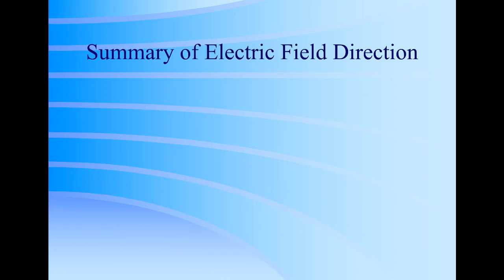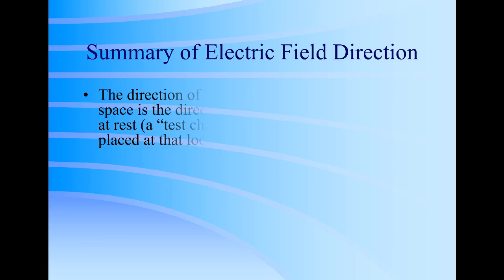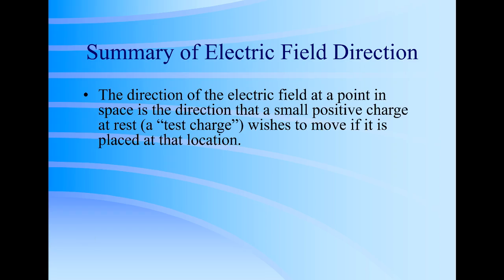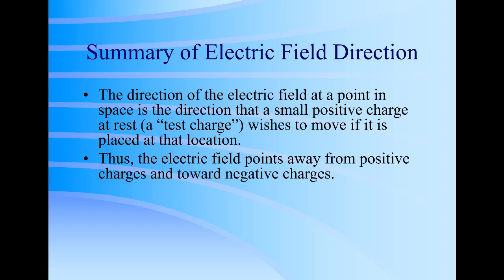Okay, so, last thing to summarize here is which way the electric field points. So the electric field is the direction that a small positive charge, so a test charge, would move if it was placed at that location. The electric field points away from positive charges and toward negative charges.